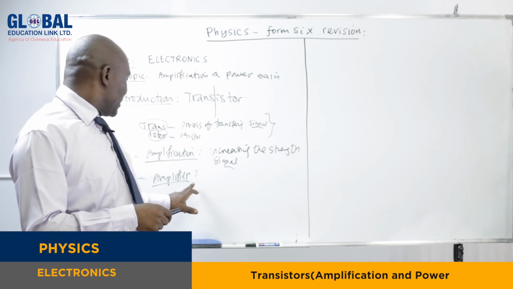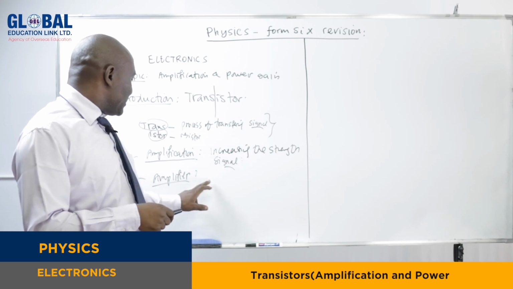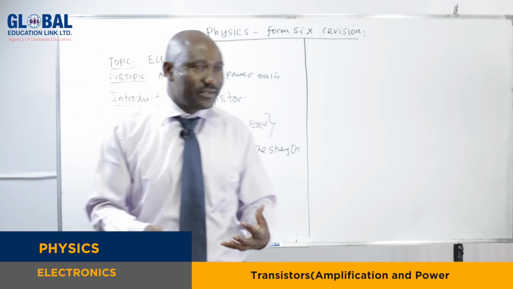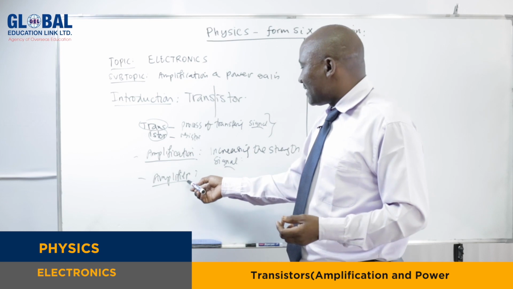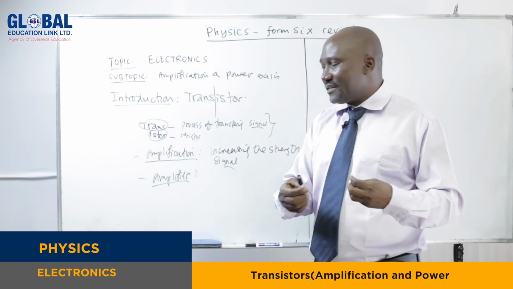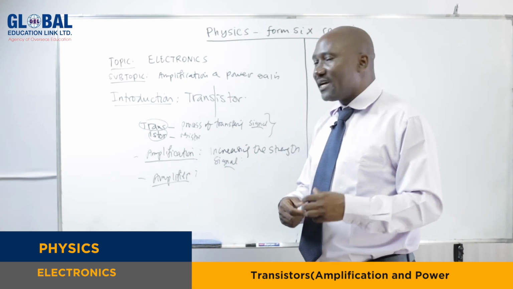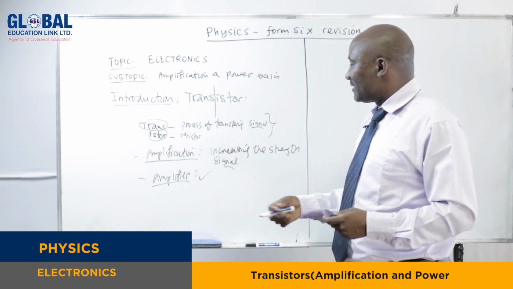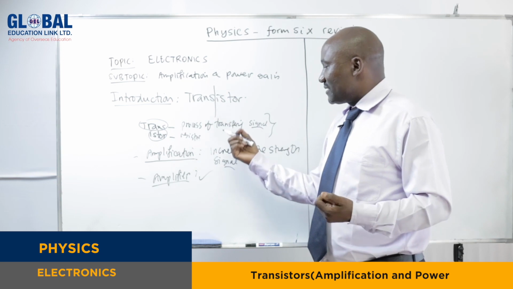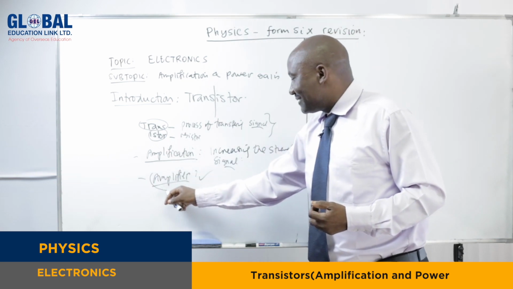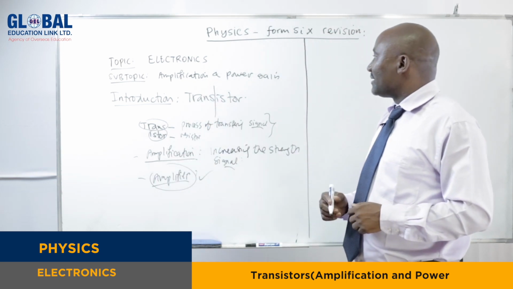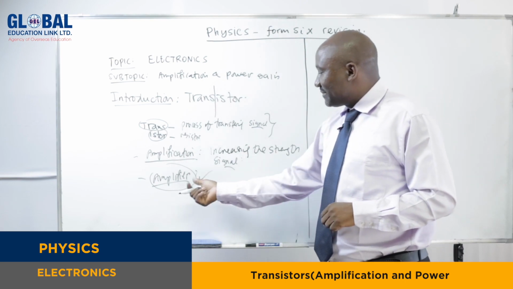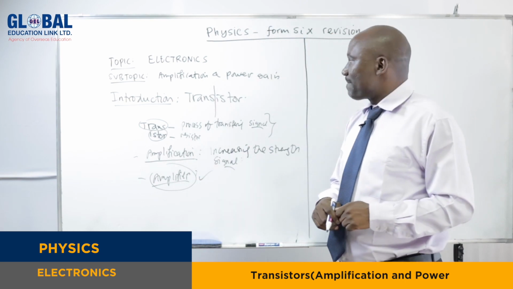Sometimes the device is used to combine the signals. After combining, it has to do with amplification, increasing the strength of those signals to be audible. That's the meaning of the transistor. It is used to make amplification, and by that, a transistor is sometimes known as an amplifier.